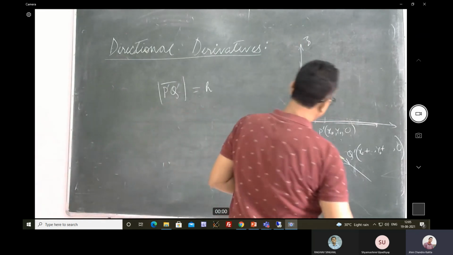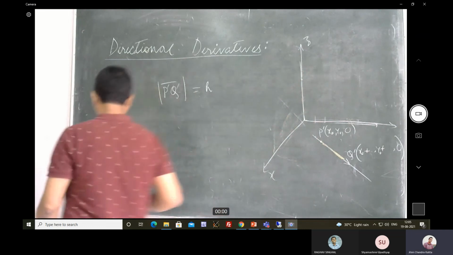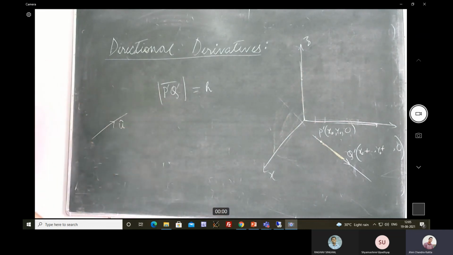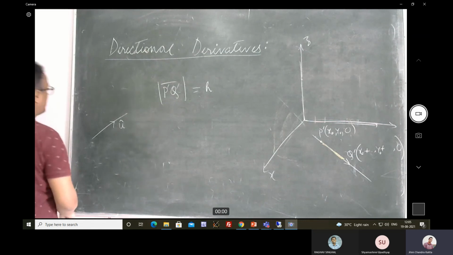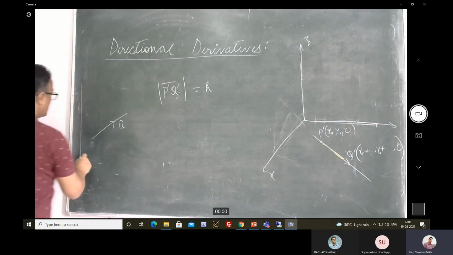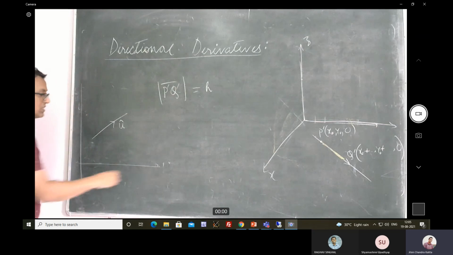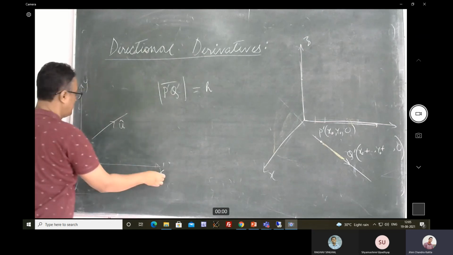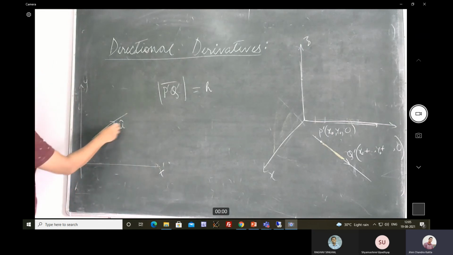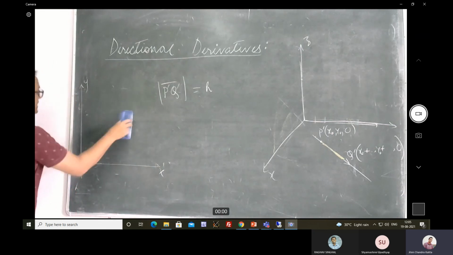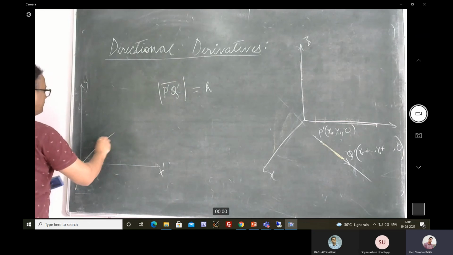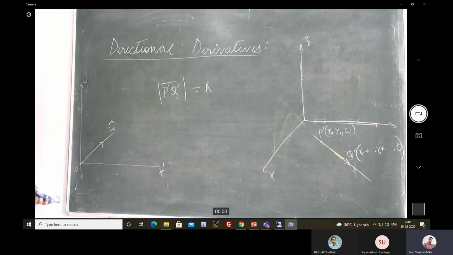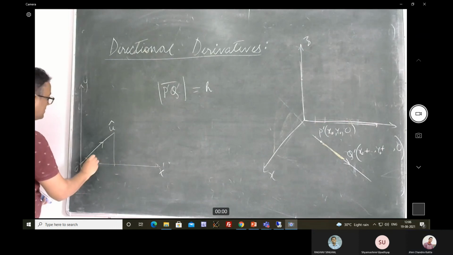Again, remember, whenever I talk about a unit vector, say it makes an angle theta with the x-axis. Then I can have a parallel displacement of this unit vector and consider it at the origin.